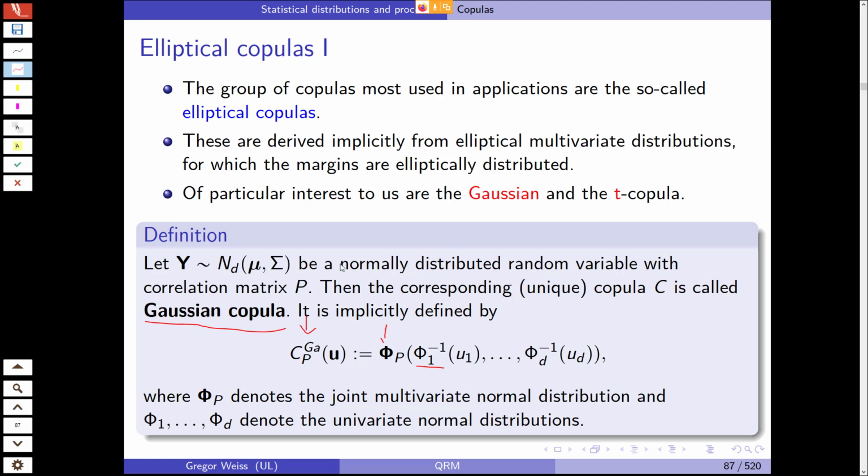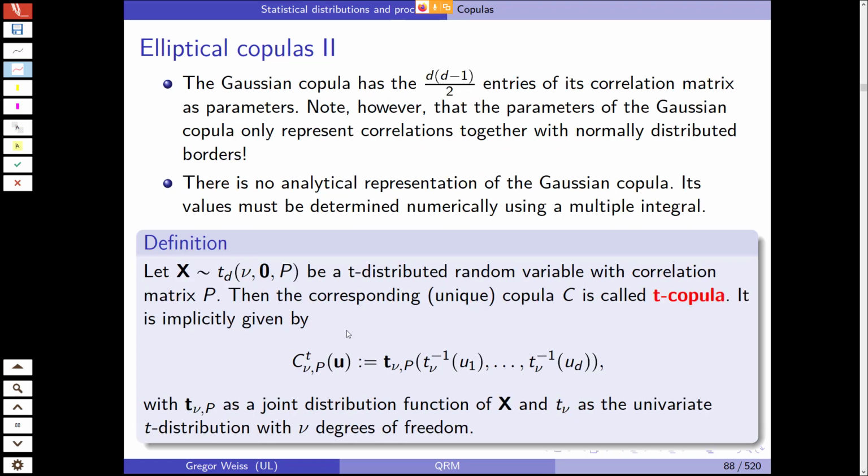The problem is, if you insert margins that are not normally distributed here, what you get is obviously still a Gaussian copula, but if you combine a Gaussian copula with non-normal margins, the result will be a distribution that is not normal, and the parameters will not be equal to the correlations. They will be similar and close to the correlations, but they will not be equal to the correlation matrix. Same with the t-copula.